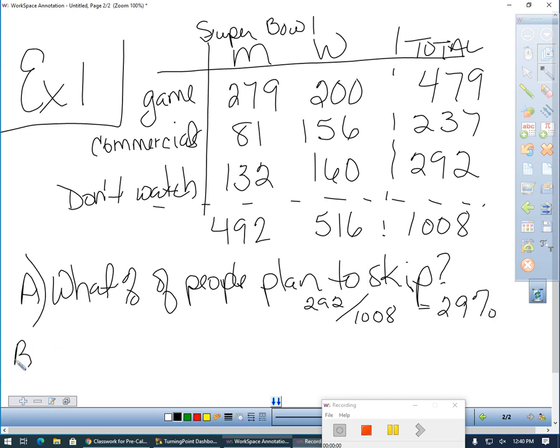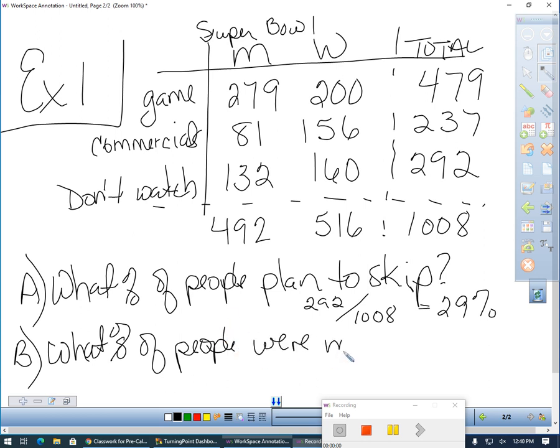Just for giggles. Alright, so I'm going to change this question up just a little bit. Just a little, and how the wording is going to change your percentage. In this one, I'm going to say what percent of people were men who planned to skip.